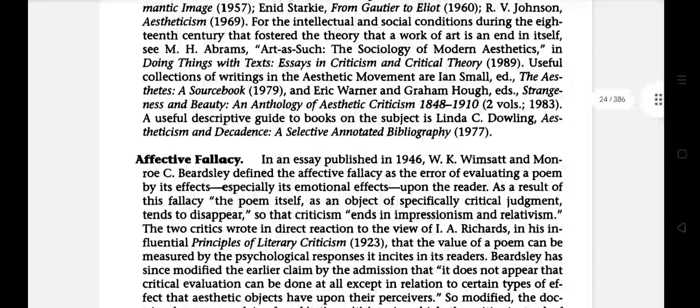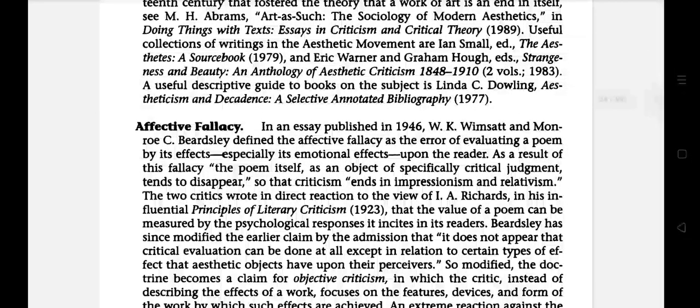And our next literary term is affective fallacy. In an essay published in 1946, W.K. Wimsatt and Monroe Beardsley defined the affective fallacy as the error of evaluating a poem by its effect, especially its emotional effect upon the reader.